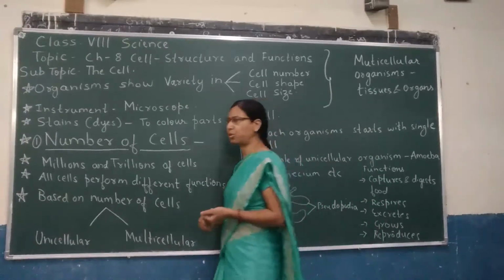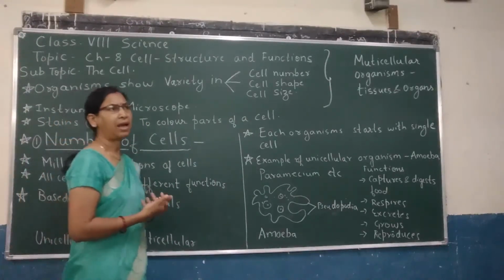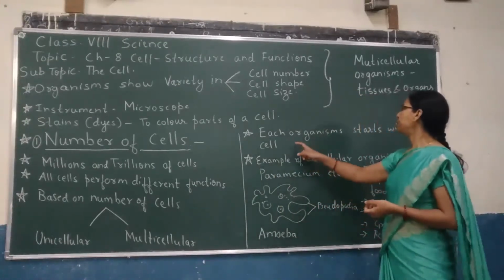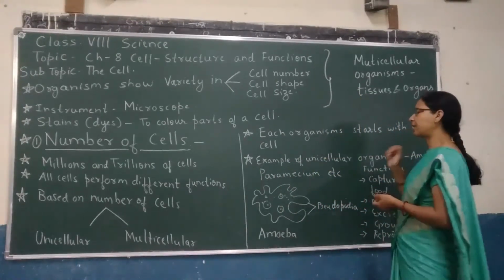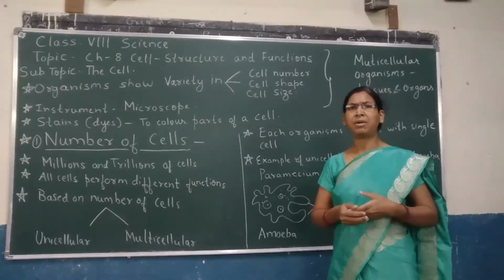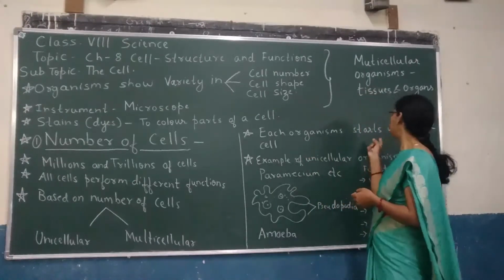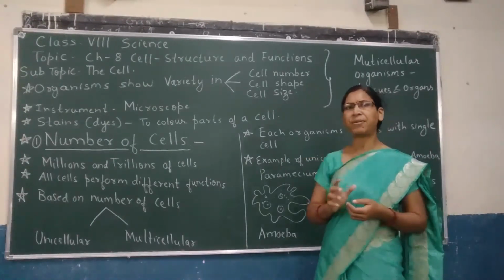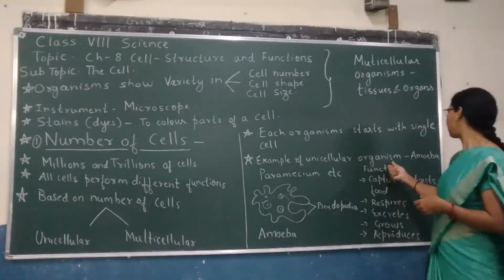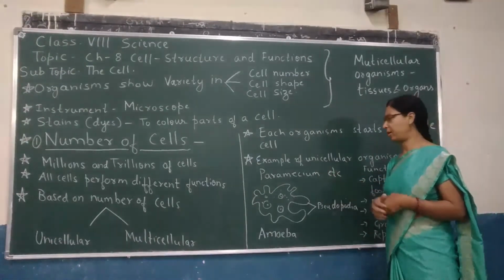And organisms whose body is made up of several cells, more than one cell, are called multicellular organisms. Each organism starts with a single cell, whether higher or lower, that is the fertilized cell. An example of a unicellular organism is amoeba, paramecium, etc.